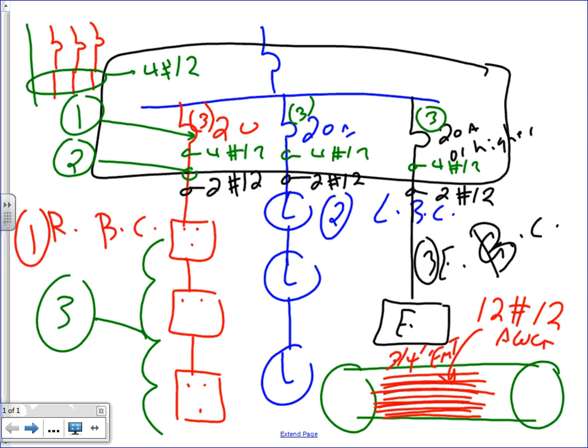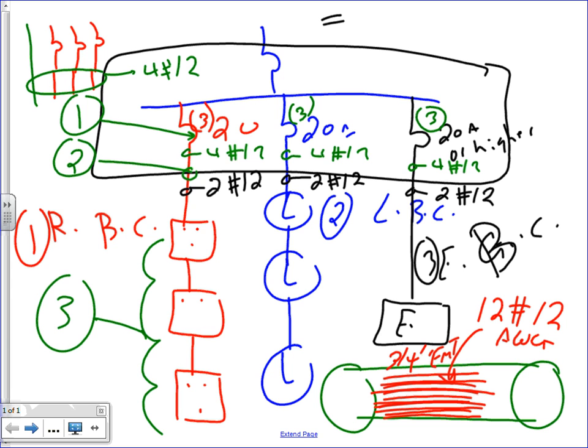12. So when you have 12 conductors carrying current, what's going to happen to the ampacity of number 12? You need to derate. So keep in mind, when you do a commercial building, you need to derate. Let me tell you one little fact about number 12 in particular.